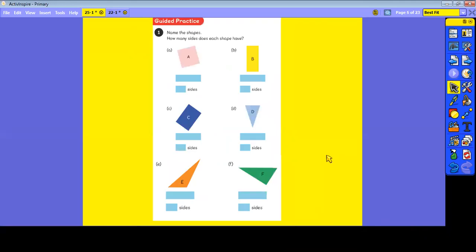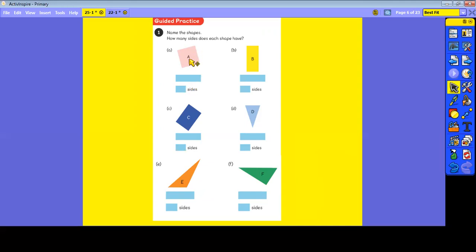So in your guided practice today, which you do in your exercise books with the squares in, you've got to name these shapes. Shape A, B, C, D, E, and F. You've got to name the shape and write how many sides it's got underneath. Okay, so you've got a pink shape.